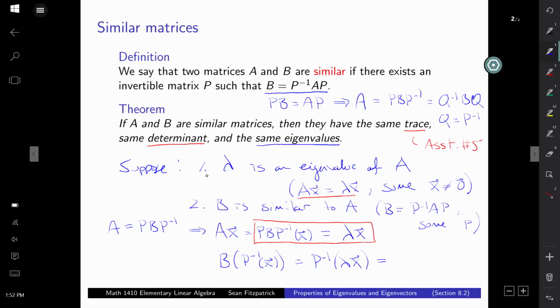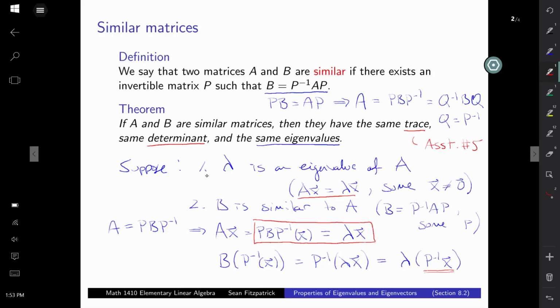I can pull it out of this matrix product and write this as lambda times P inverse times X, right? And so now I can see that lambda is an eigenvalue of B, and I even know what the eigenvector should be for this eigenvalue lambda. My eigenvector should be P inverse times X.